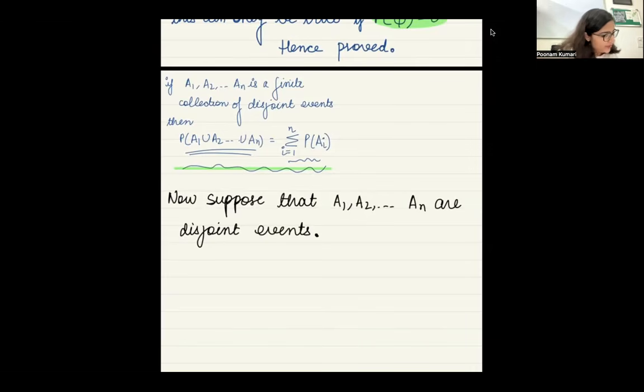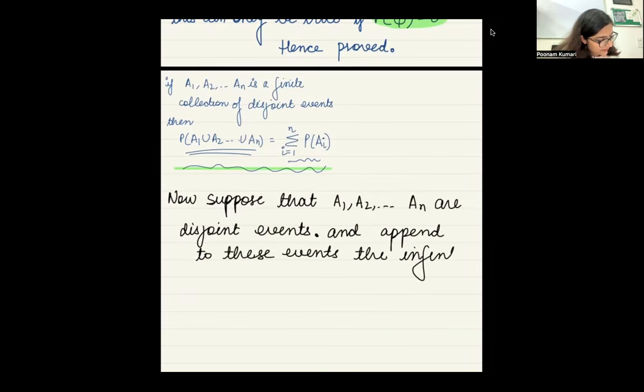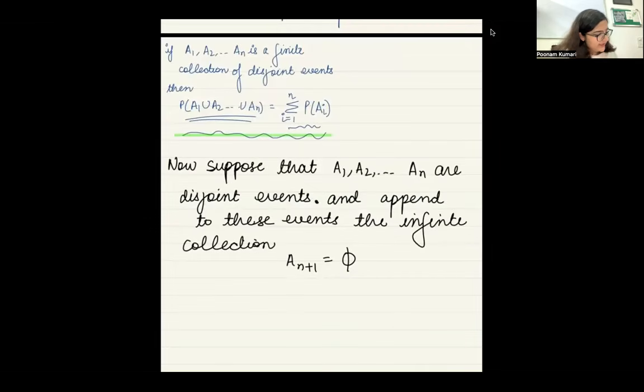So basically, we append to these events the infinite collection AN plus 1, AN plus 2, which are the empty set.